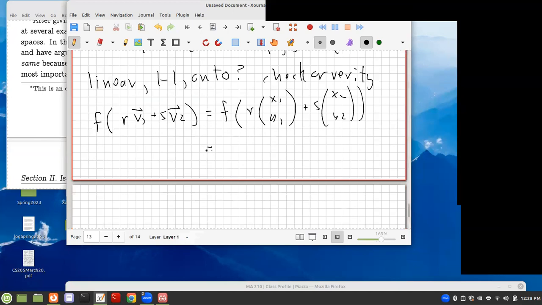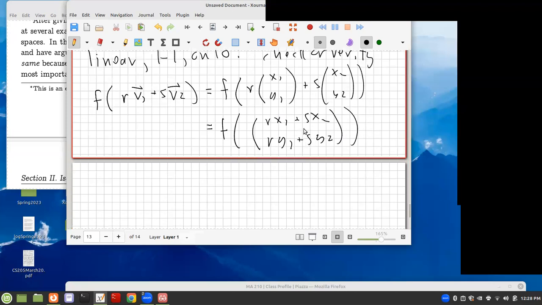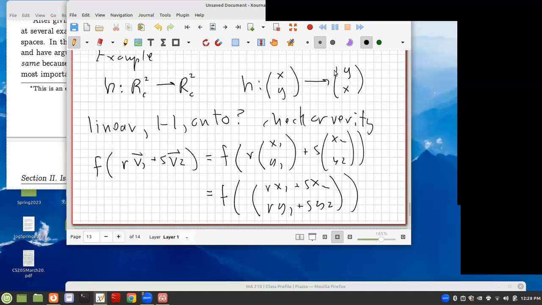Then we'd check H, combining this into (Rx1 + Ry1) added to (Sx2 + y2). Now we have it in a form where the map just flips the order.